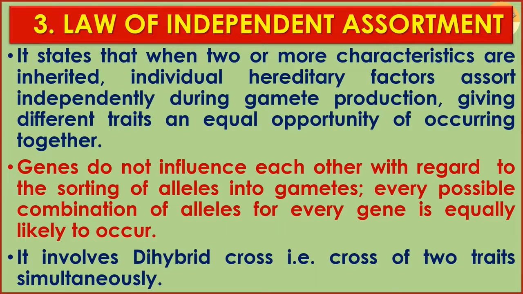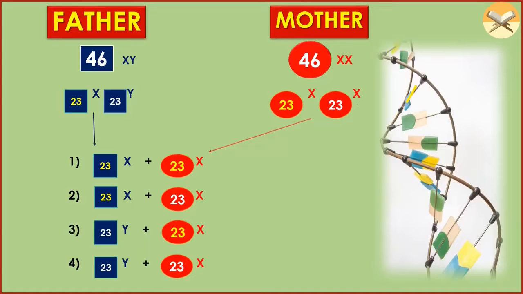And the second thing is that it involves a dihybrid process. This means that in this law we will study two traits simultaneously, not a single trait like segregation. In order to understand the law of independent assortment of chromosomes, let's discuss a general example.